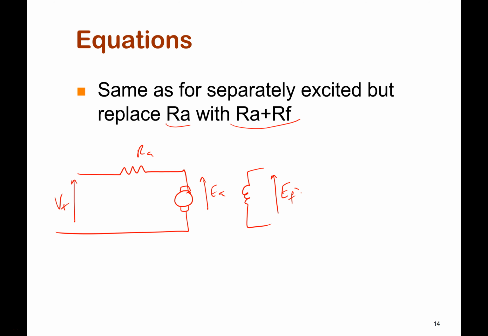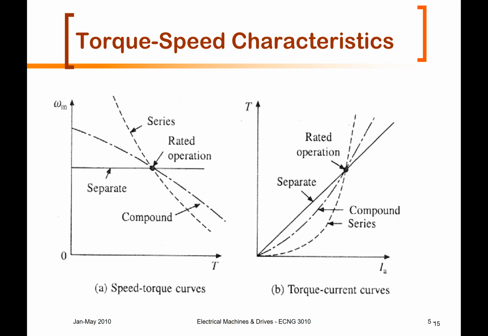Now if we take this field and put it in series here, the same analysis holds with VA, EA, and so on. It's just that instead of RA, the series resistance is now RA plus RF. So that is all you need to do in the equations. You go back through the equations and swap RA with RA plus RF in all the places you see it, and you end up with the series characteristics. You could go ahead and write out the equations in your notes.